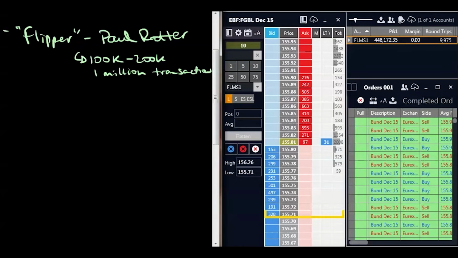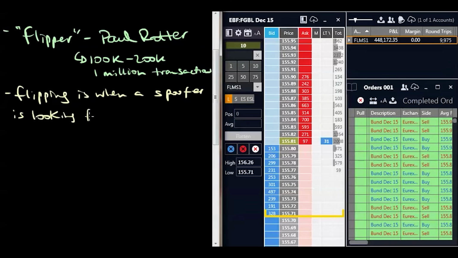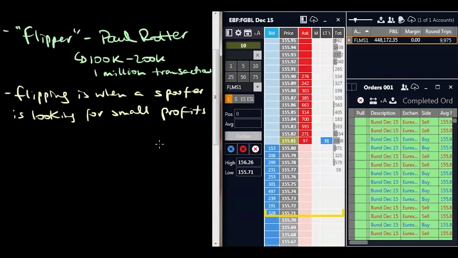If we had to define it, flipping is when a spoofer in the market is looking for small profits. They don't want big profits. It's small incremental profits, 1, 2, 3 ticks. It's just looking for a lot of liquidity getting in and out of the market.